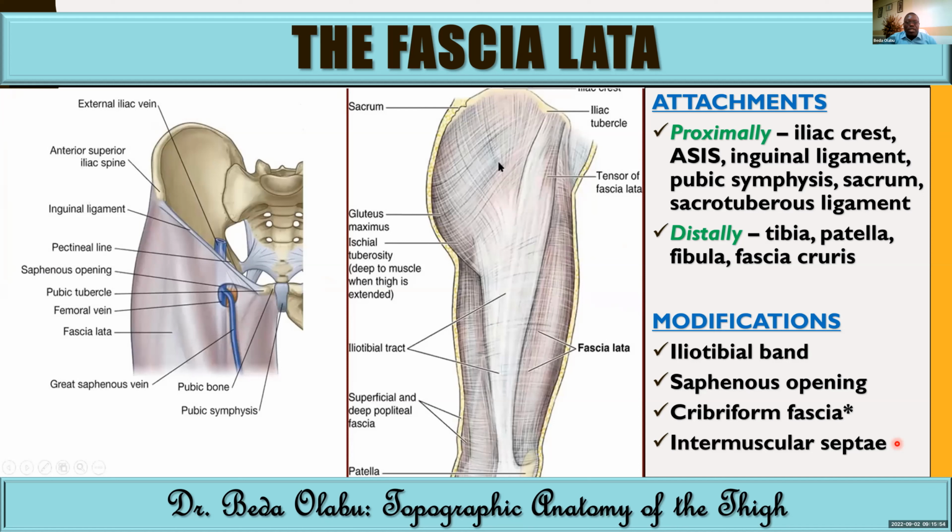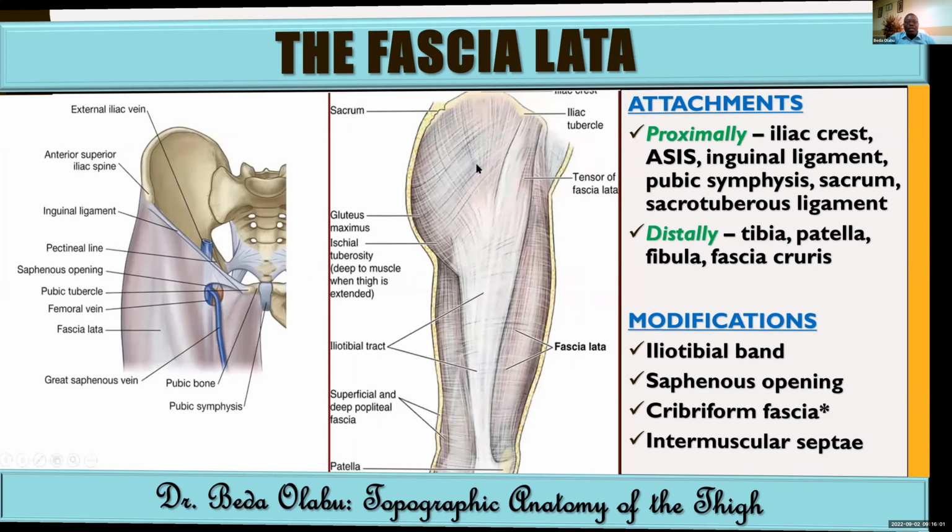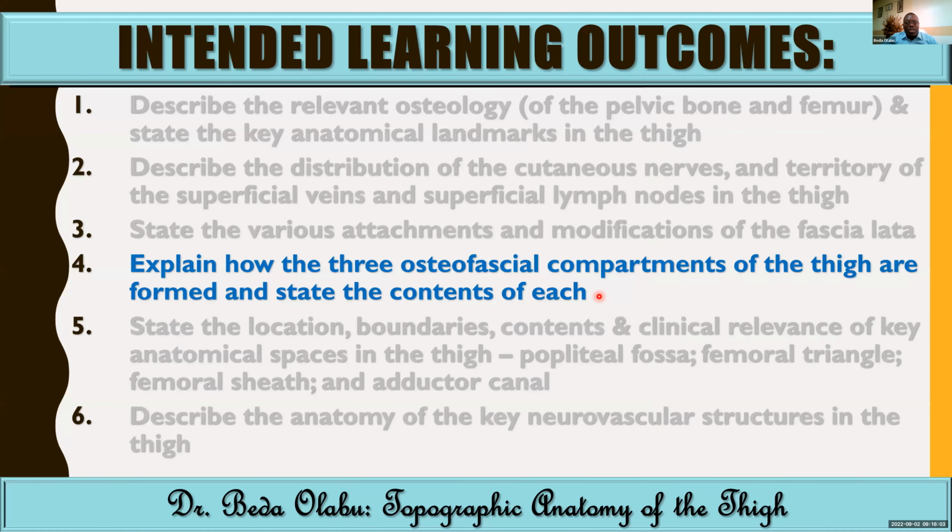And because these septa pass between muscles, we call them intermuscular septae. Having said so, we can now talk about the compartments of the thigh, because it is these septa that help us to divide the thigh into the compartments.